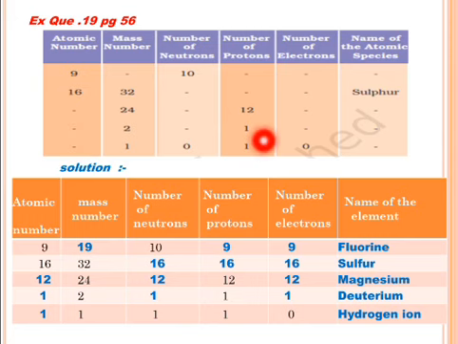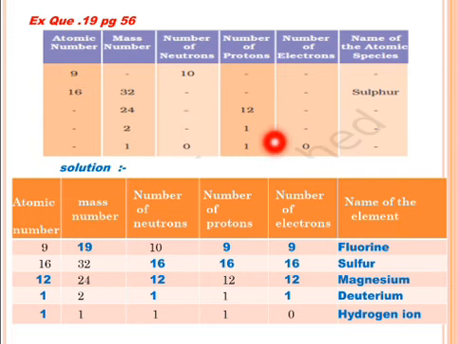If number of protons is 1, number of electrons is also 1. So we are left with the number of neutrons. Now I hope you know how to calculate the number of neutrons. Yes, by subtracting the number of protons from the mass number. As mass number 2 is given, subtract 1 proton from mass number: 2 minus 1, you get the number of neutrons, that is 1.